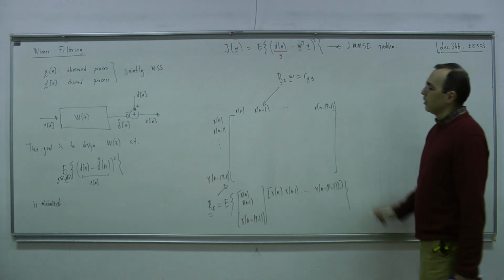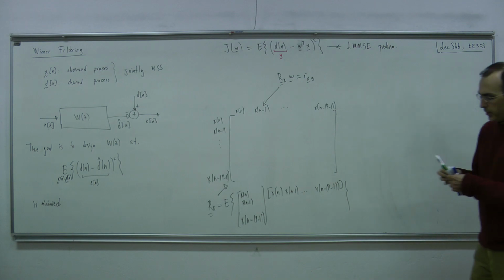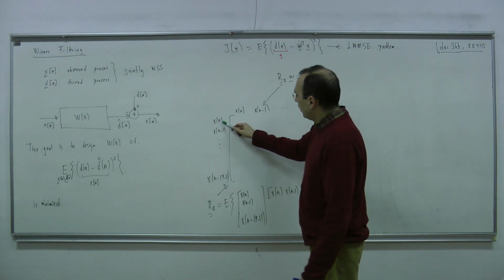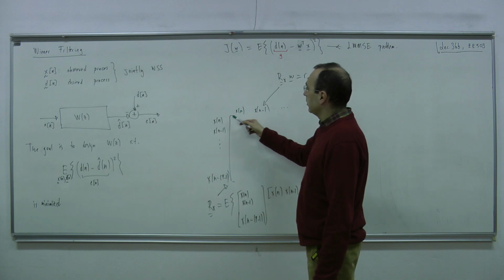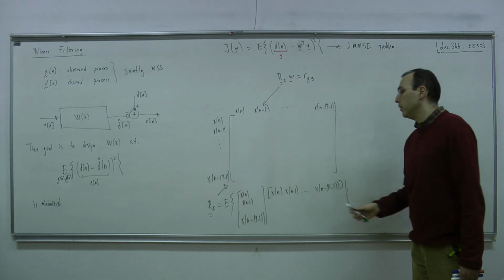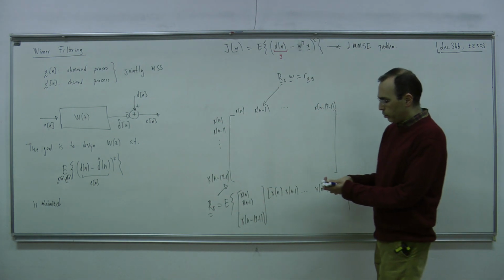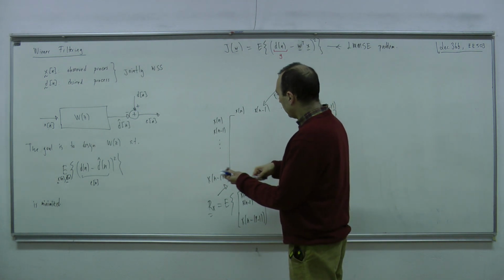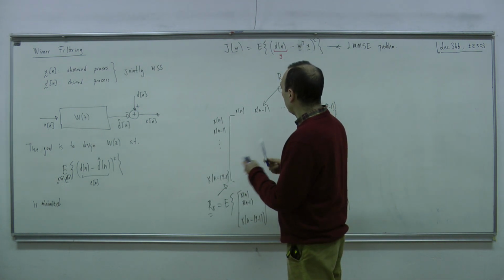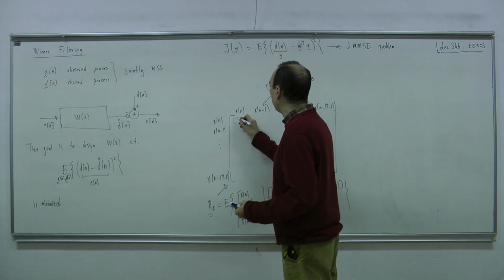So I should take this times that, basically x of n squared, and take its expected value. Let me focus on this term.